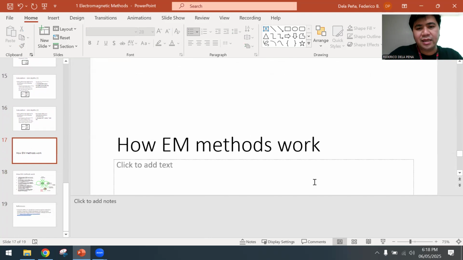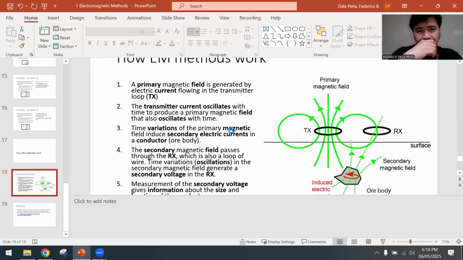Right, how do electromagnetic methods work?